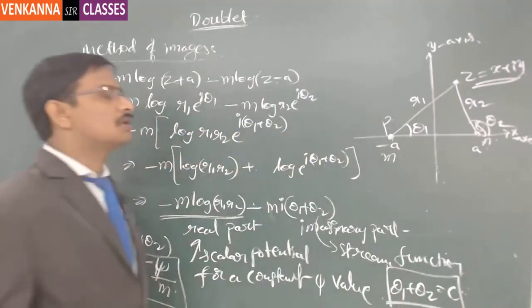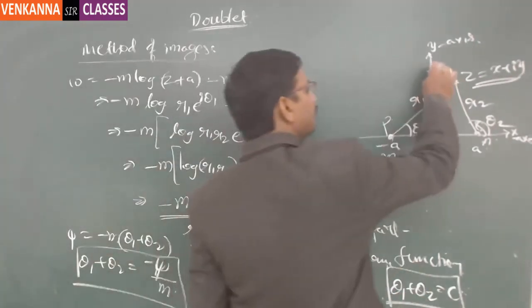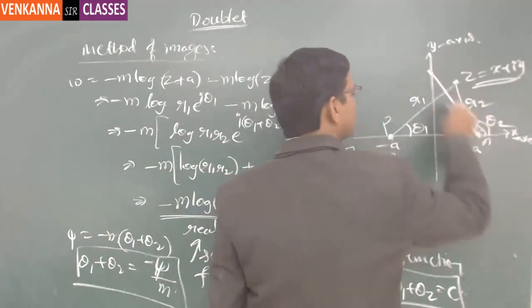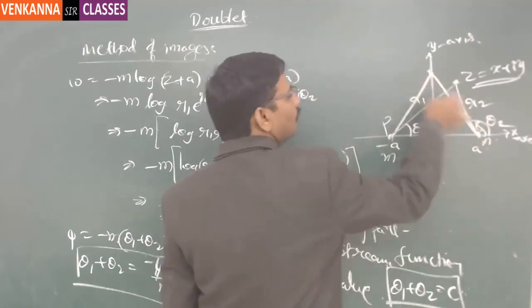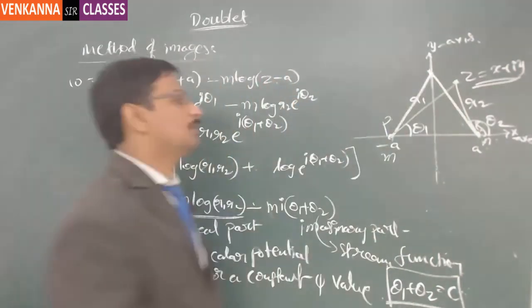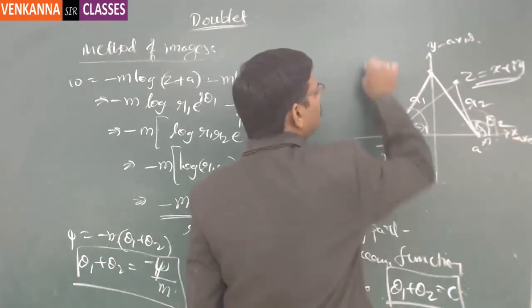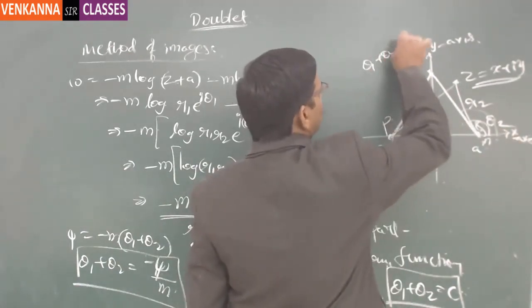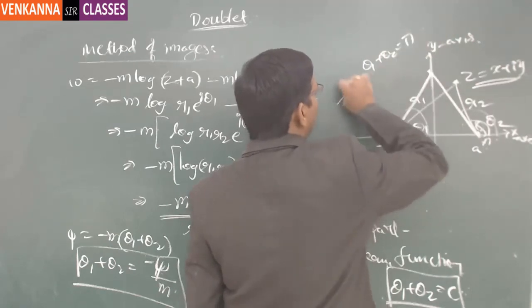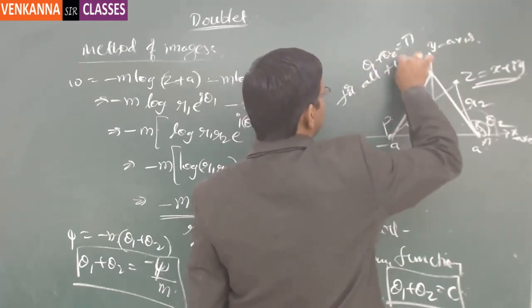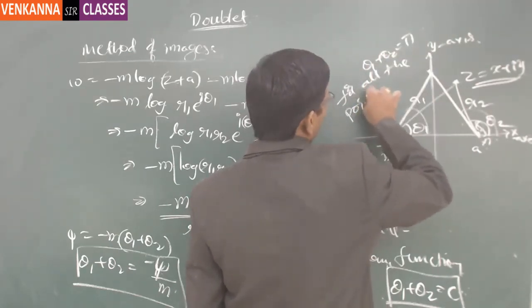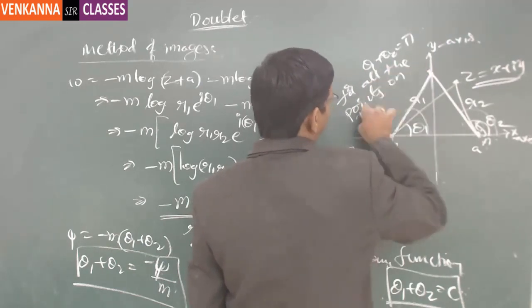Now, if you treat this constant on this particular point, from this location both will have the same magnitude. That means this angle is theta and this angle is theta. So theta 1 plus theta 2 equals pi for all the points on the y-axis.